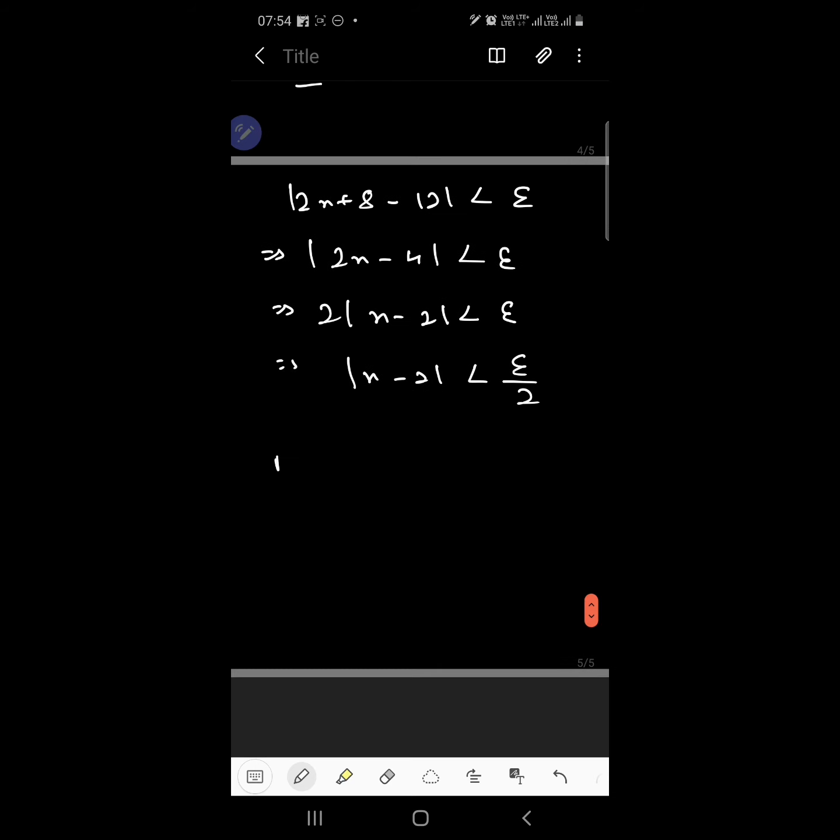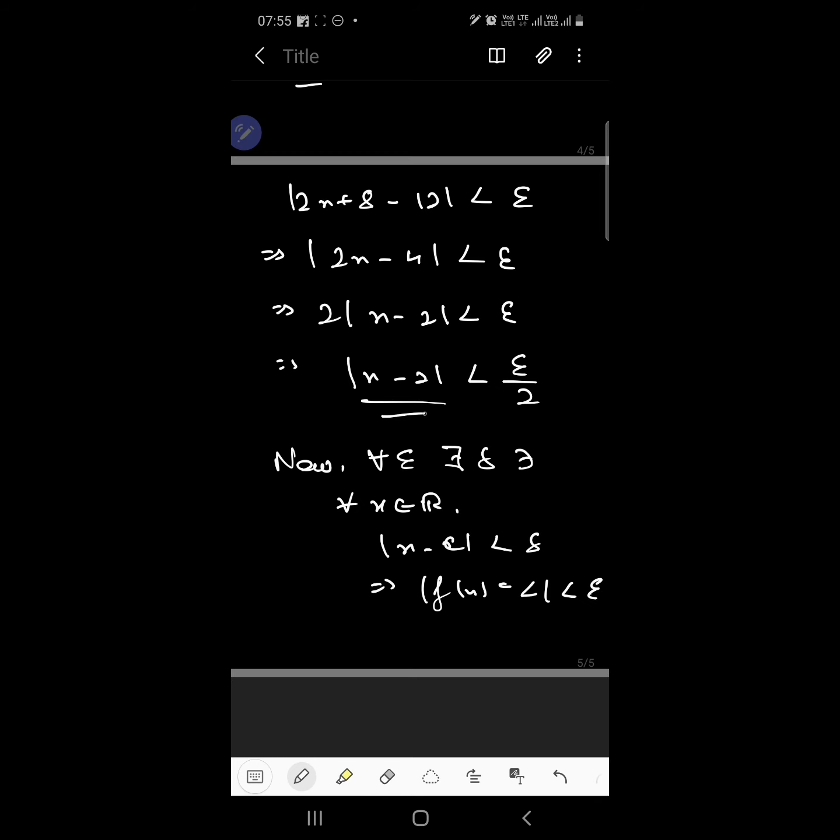Now, for all epsilon there exists some delta such that for all x belonging to the set of reals, mod of x minus c less than delta directly implies mod of f(x) minus L is less than epsilon.